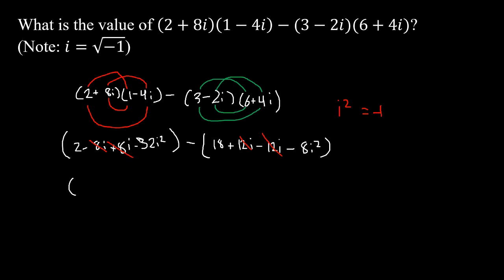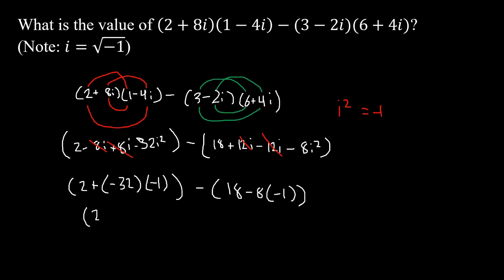So this is equal to 2 plus negative 32 times i squared, which is -1, minus the quantity 18 minus 8 times -1 multiplied by -1. Alright, and then we can just multiply everything out, at least within the parentheses.